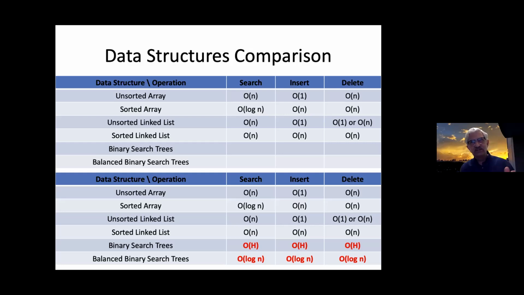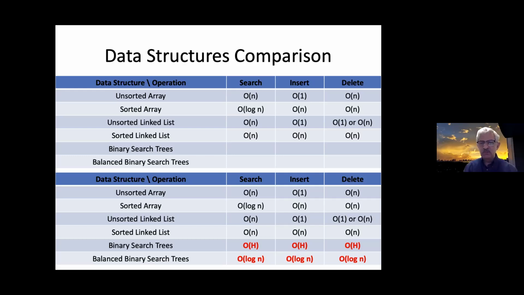Whereas with linked lists, the search was very slow, but often the insertions and deletions could be sped up if you look at it the right way. With binary search trees, the fabulous thing was that you could do all the operations reasonably fast. In fact, all the operations were proportional to the height of the tree, and if you could guarantee the height of the tree, then binary search trees can be extremely efficient.